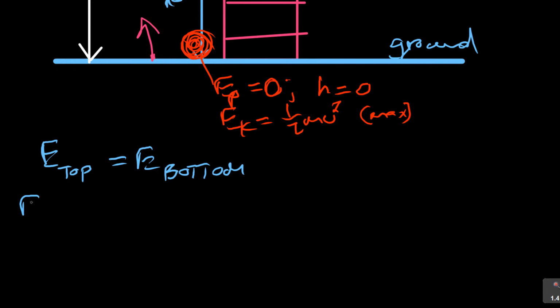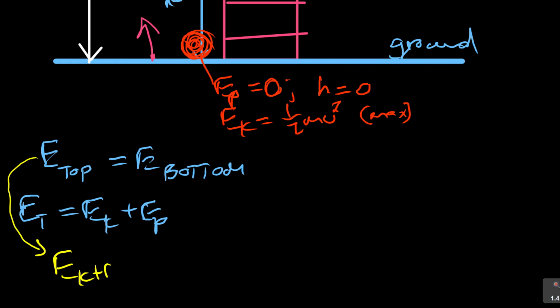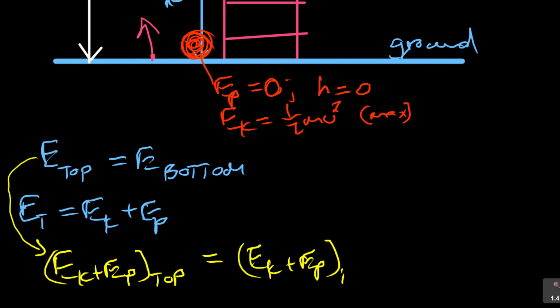Meaning, remember if I say ET, that is total energy, it's the kinetic energy of an object plus its potential energy. That is the total energy. Now you need to remember this. At the top it will be EK plus EP at the top, which is equal to EK plus EP at the bottom.